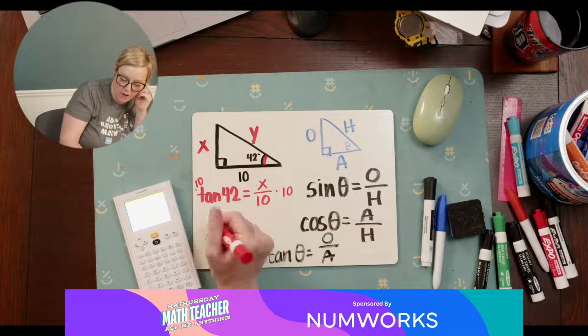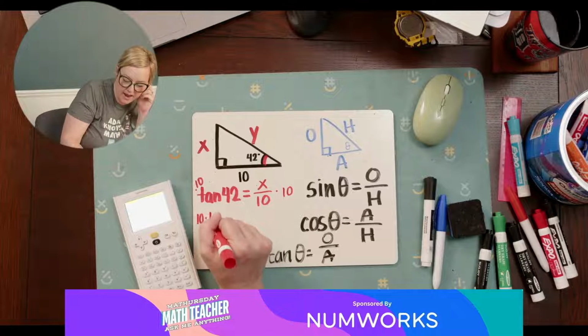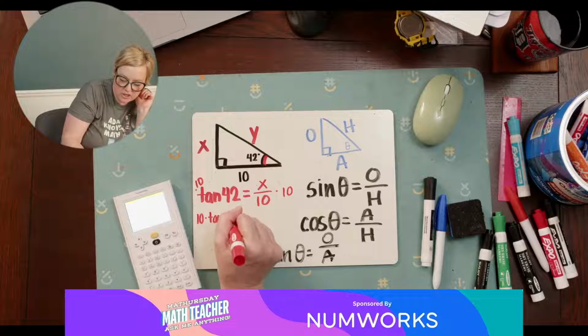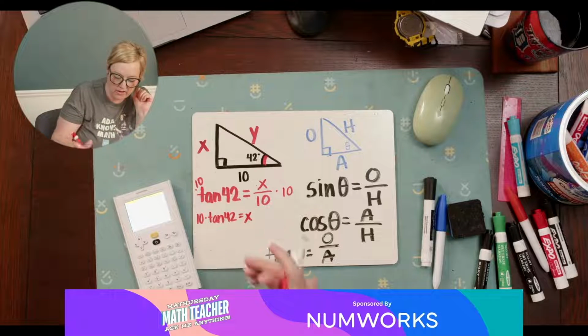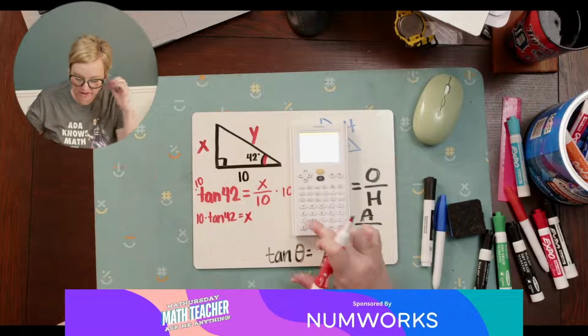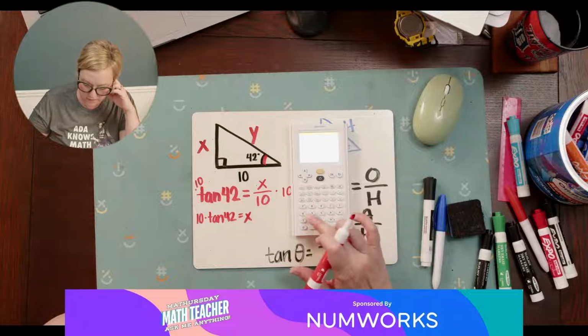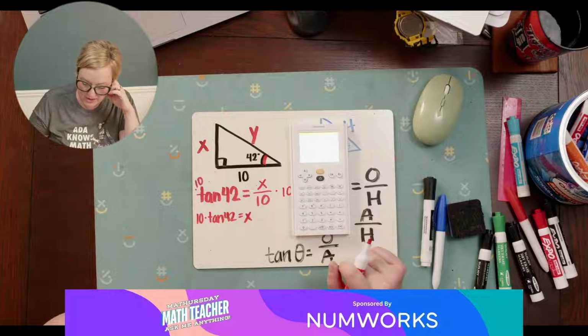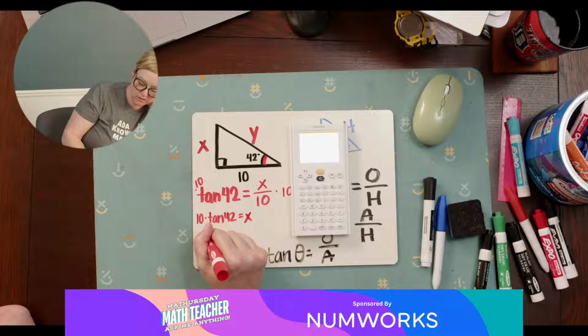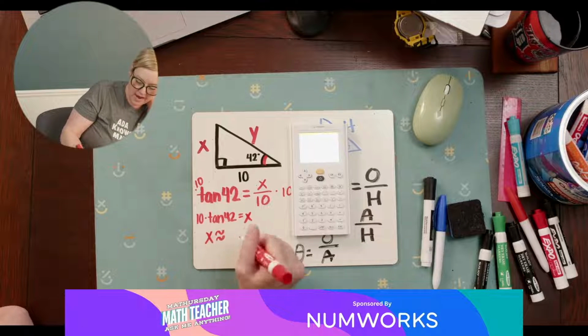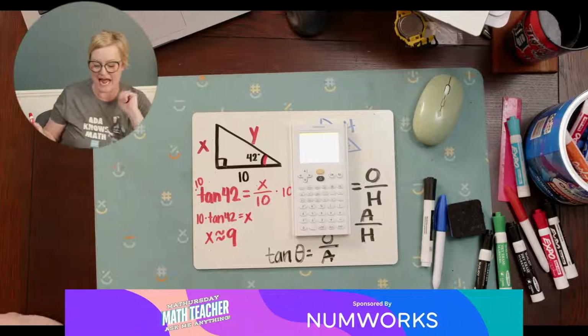So now I know that 10 times tangent 42 is going to give me my X value. So I can take my calculator and do 10 tangent 42, enter, and I get 9.004. So I'm going to call that x is approximately 9.